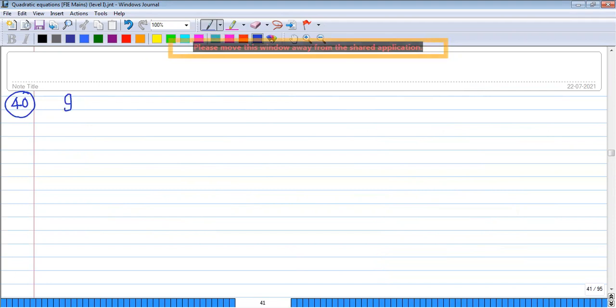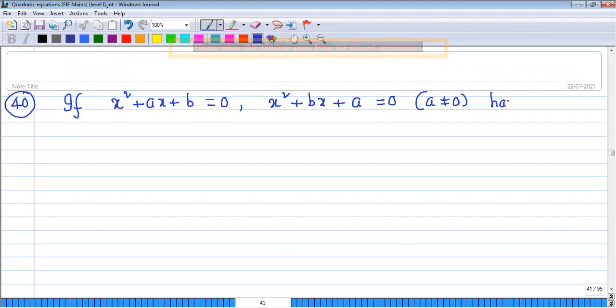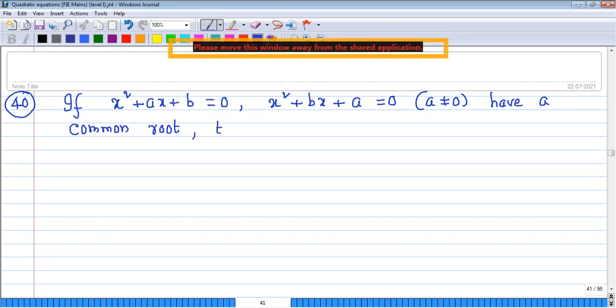If x square plus ax plus b equals 0 and x square plus bx plus a equals 0, where a does not equal 0, have a common root, then a plus b equals to?